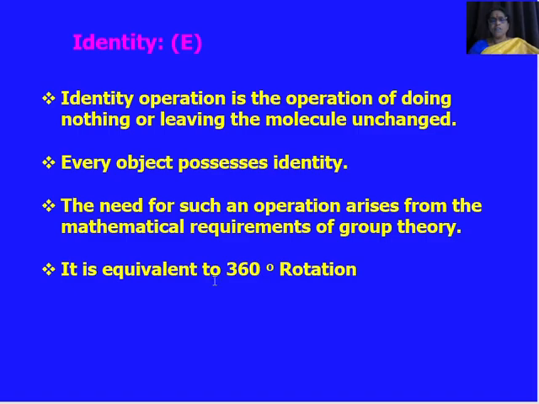That is, after rotating any molecule or object through 360 degrees, we cannot distinguish the resulting configuration from the original configuration. It looks like nothing has been done on the molecule. That's why identity is said to be doing nothing or leaving the molecule unchanged.